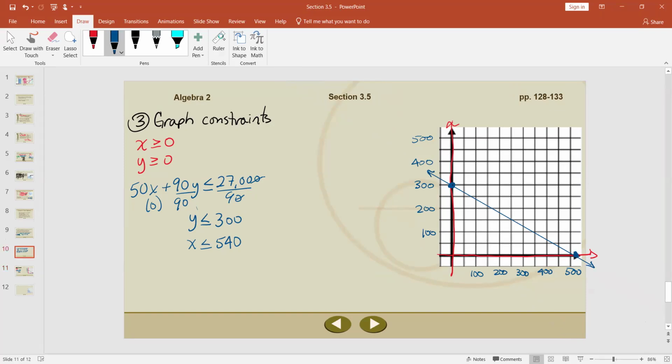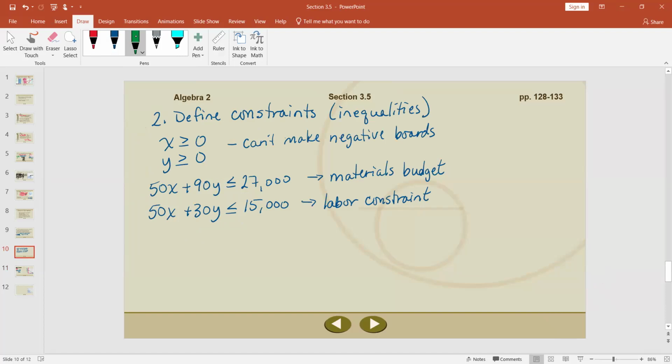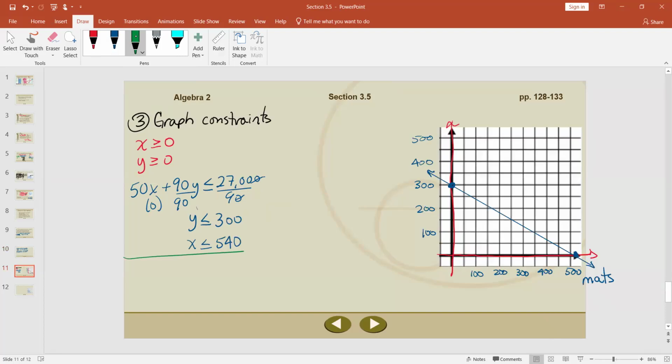Let's see, what was that? That was materials. I'm just going to call that one materials. Okay, so the other one was 50 and 30 and 15,000. So 50x plus 30y is less than or equal to 15,000.